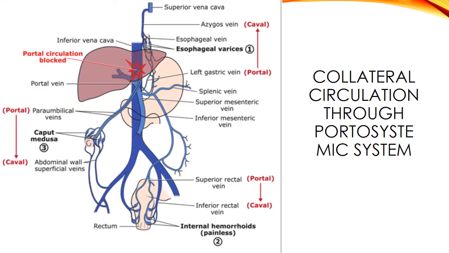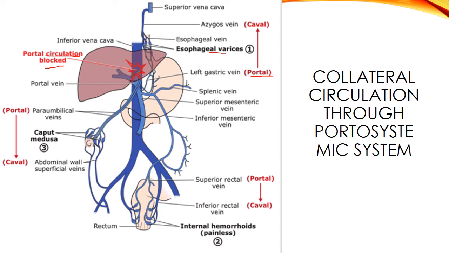So whenever collateral circulation occurs through the portosystemic shunt system, let's see over here what happens. We have the portal circulation which was blocked. What happens is that at the esophageal area, where we have the communication of the portal and the systemic veins, blood flow will increase from the portal to the caval sites.